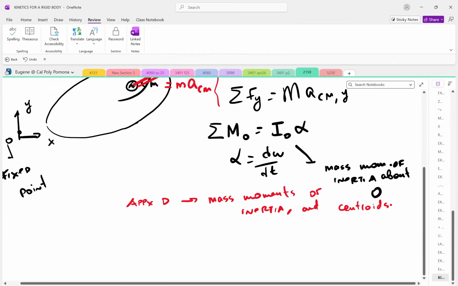Look at the table of contents, whether it's going to be listed there.